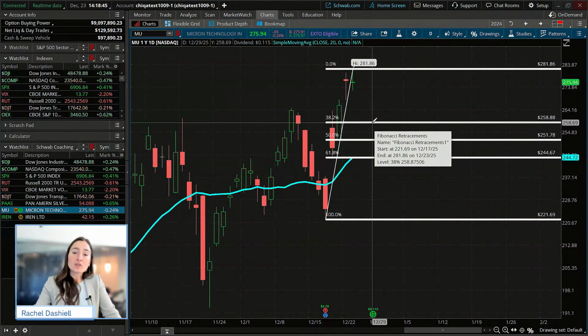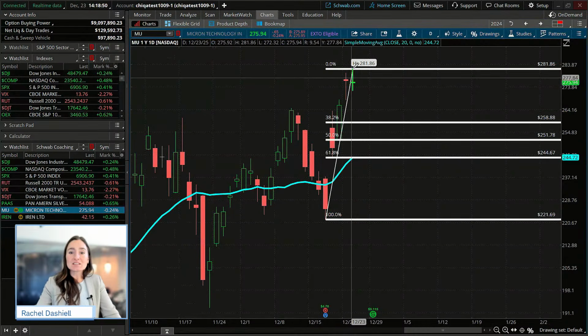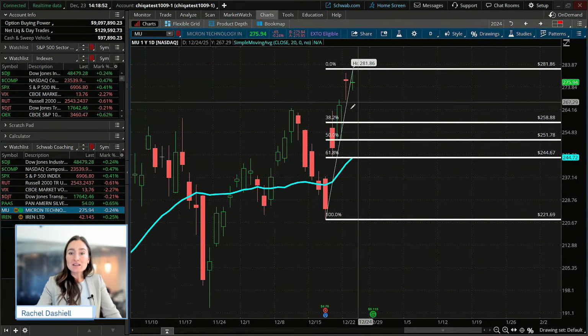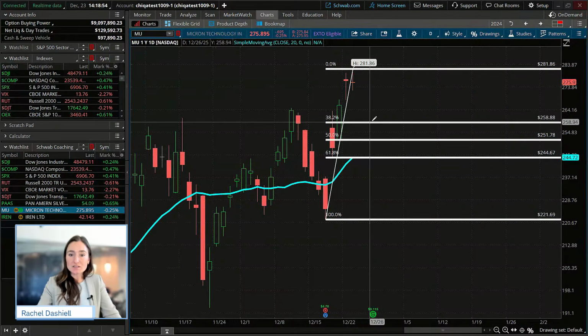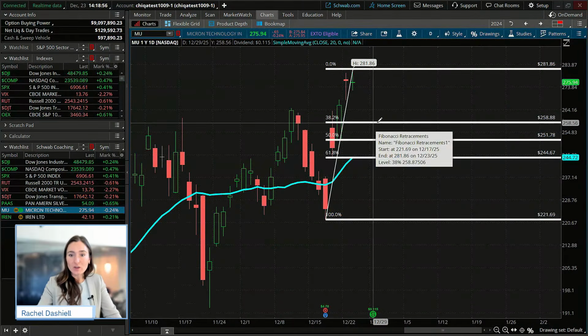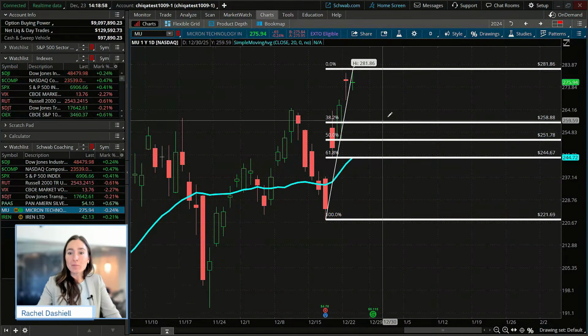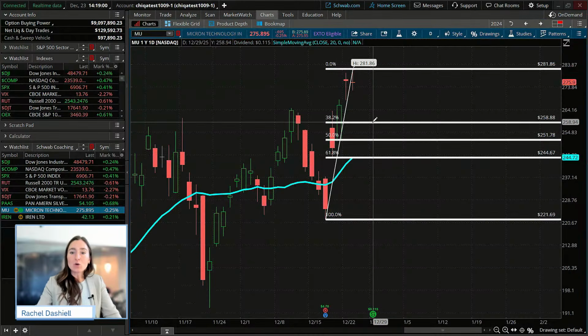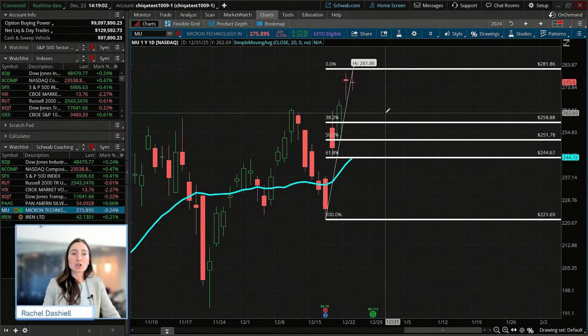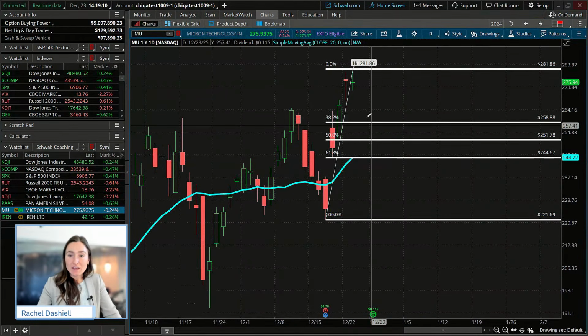Now, another thing that traders may do is say, hey, if I missed this entire move up, and I see that price went to this 38.2% level and gave me a confirmed bounce off of that level, maybe a close above the high of the low day, in this case.